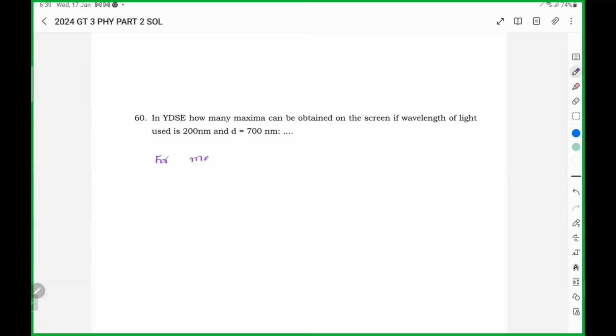In this problem, for maximum intensity, d sine theta is n lambda. So sine theta is n into lambda, 200 by 700, both in nanometers, that is 2n by 7.